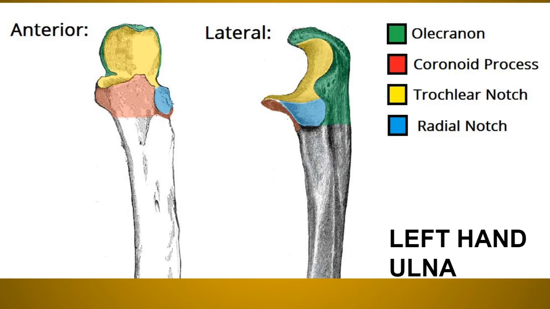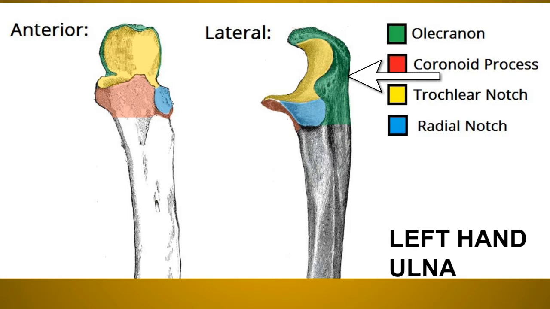First of all, the anterior surface. The anterior surface is articular and forms the upper part of the trochlear notch. Now the posterior surface forms a triangular subcutaneous area which is separated from the skin by a bursa.